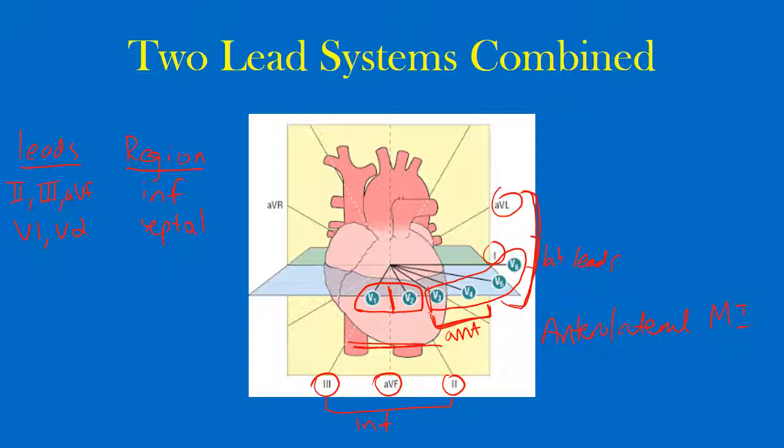We said that V3 and V4 help us looking at the anterior aspects of the heart. And then we said V5, V6, as well as 1 and AVL give us a great picture of what's going on in the lateral aspect of the heart.